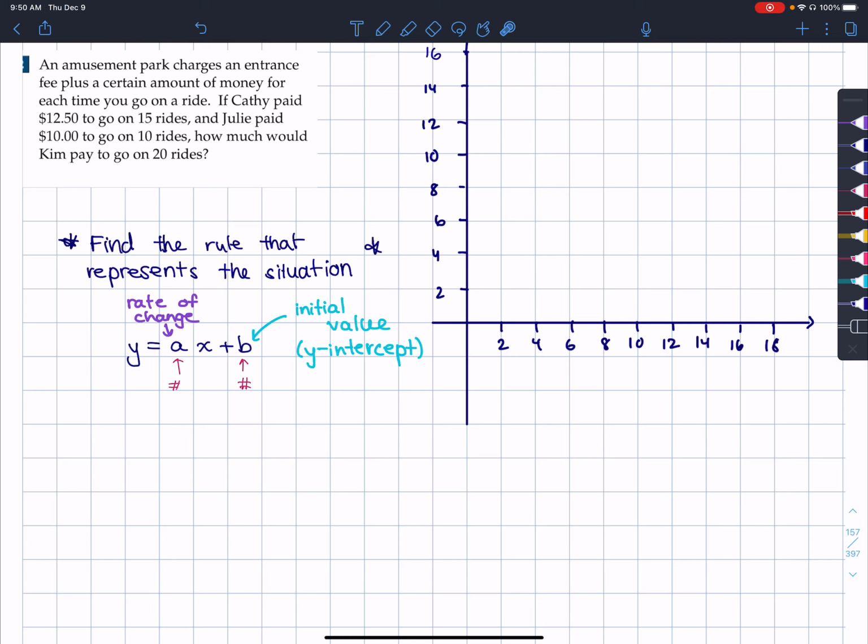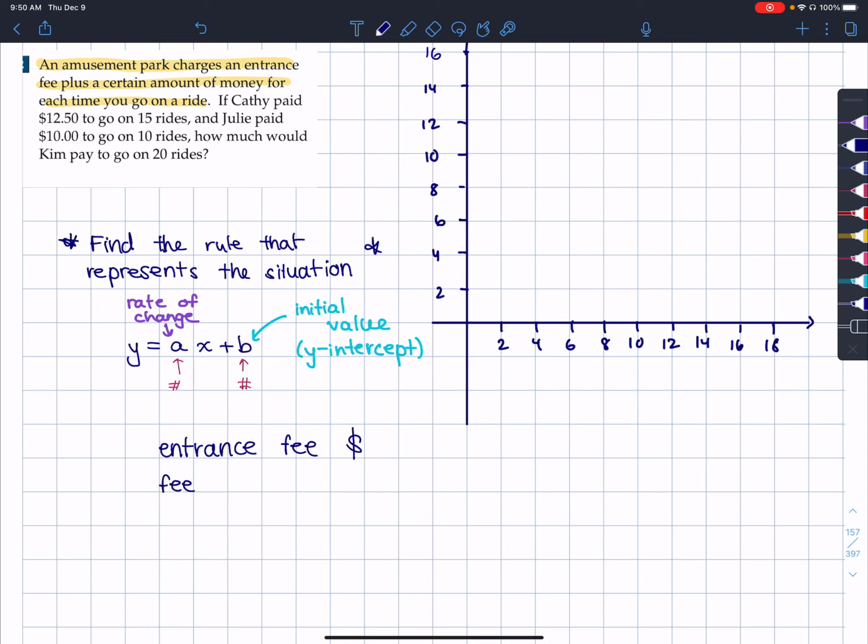So the problem that we're presented with is: an amusement park charges an entrance fee plus a certain amount of money for each time you go on a ride. So before we even look at the rest of the problem, we have to think about what's going on here. You have an amusement park, you have an entrance fee, which is dollars, and you also have an amount of money for each time you go on a ride.